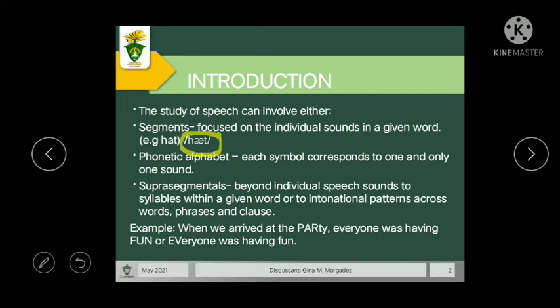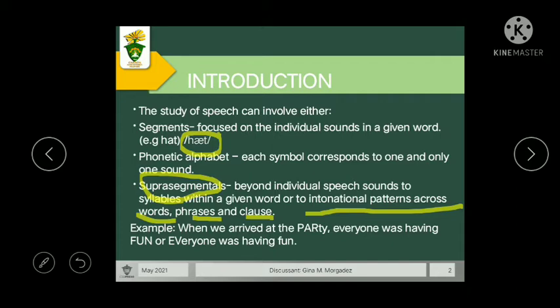The study of suprasegmentals moves beyond the individual speech sounds to syllables within a given word, or to intonational patterns across words, phrases, and clauses. For example, the sentence "When we arrived at the party, everyone was having fun" can be analyzed into two or three tone units.